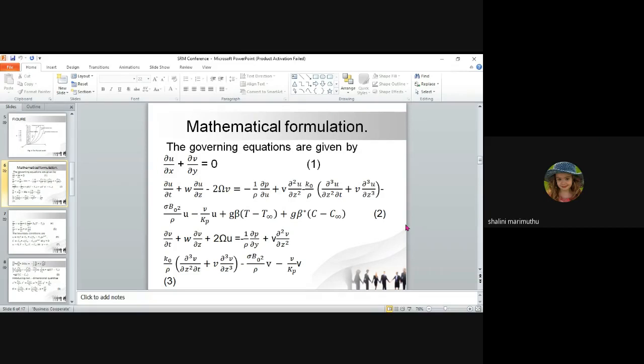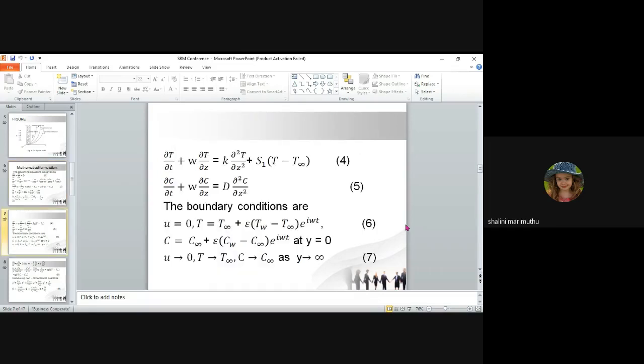Mathematical formulation: considering equations 2 and 3, then 4 and 5. These are the governing equations, and by using the boundary conditions, which are 6 and 7, we are going to solve the governing equations.